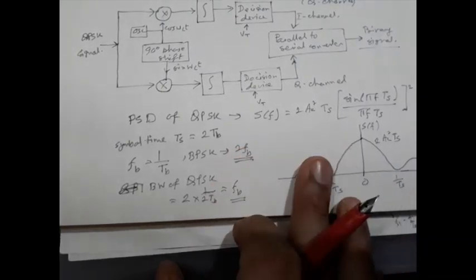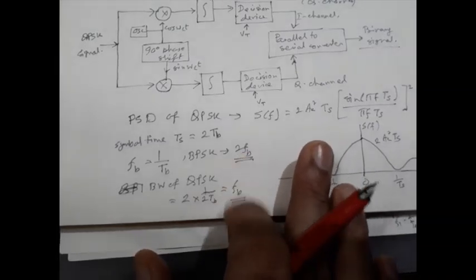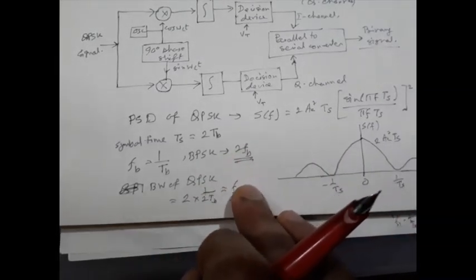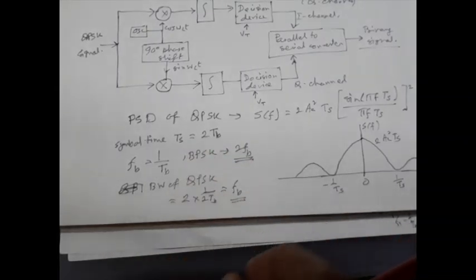So that is one of the advantages of QPSK over binary PSK, that its bandwidth requirement is half that of the binary PSK. Or in other words, if we keep bandwidth constant, then the bit rate of QPSK will be double that of the BPSK. So if we jot down this advantage: for the same bit error rate, the bandwidth required for QPSK is reduced to half as compared to BPSK.